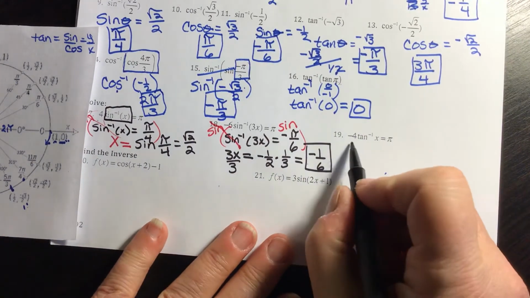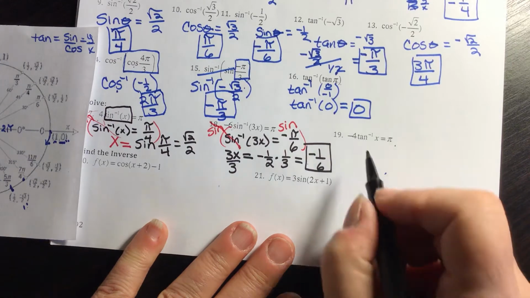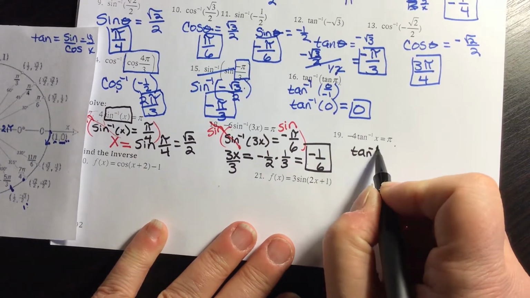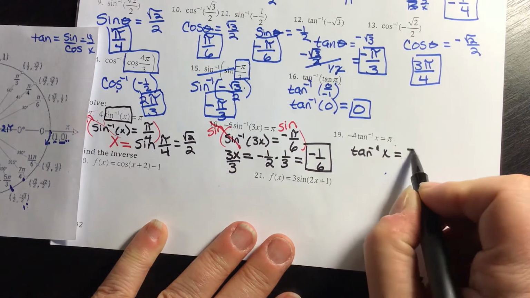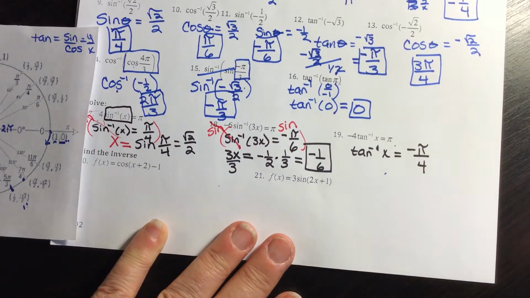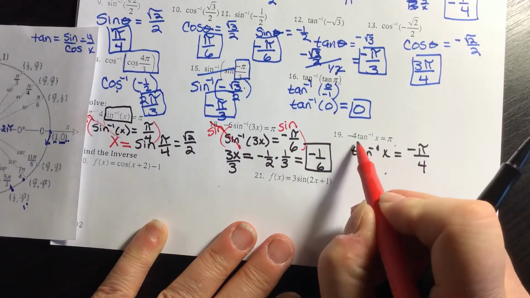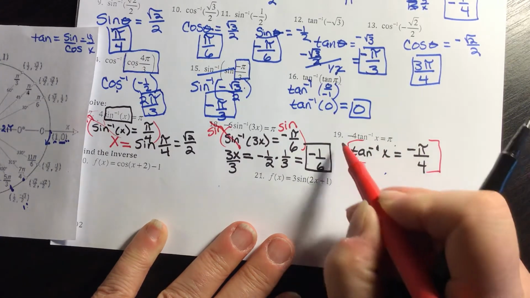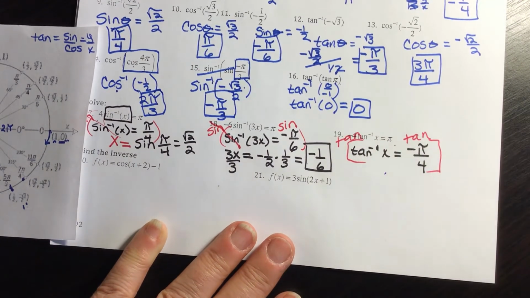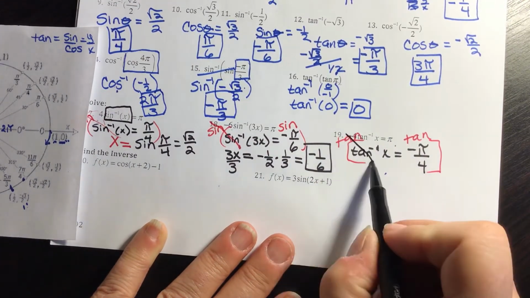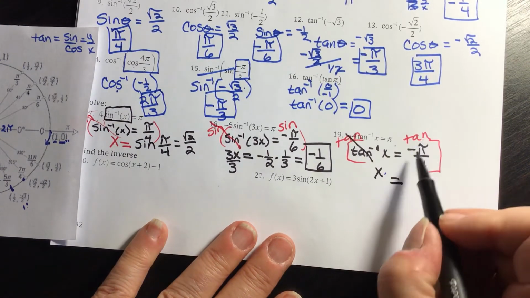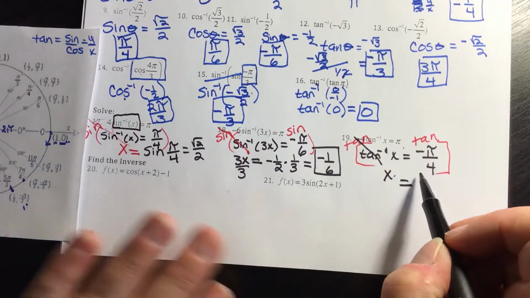Number 19, let's divide both sides by -4. So I have inverse tangent of x is -pi/4. Now to undo the inverse tangent, I'm going to take tangent of both sides. So these will cancel. x is tangent of -pi/4.